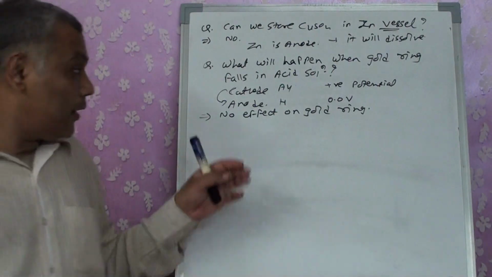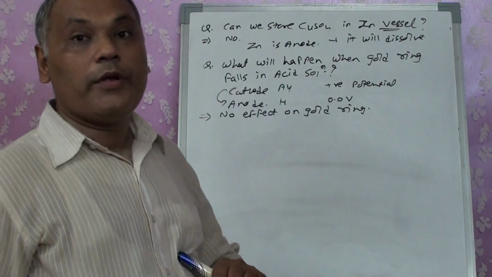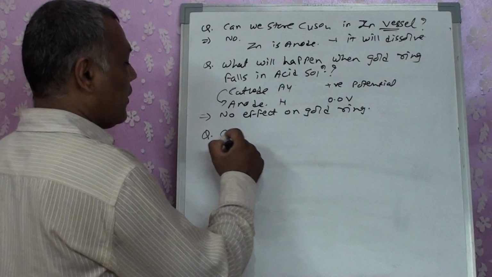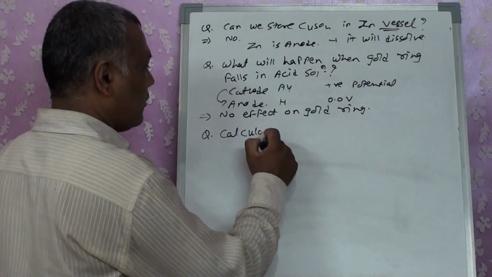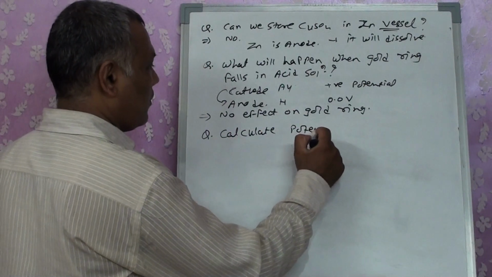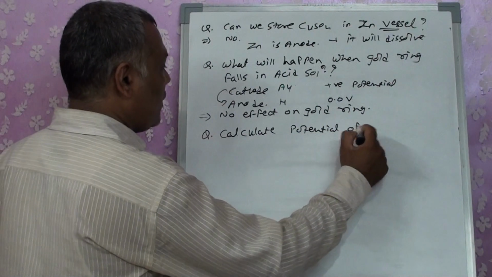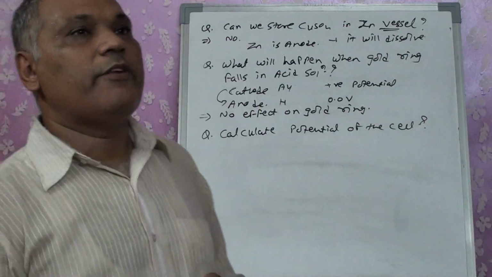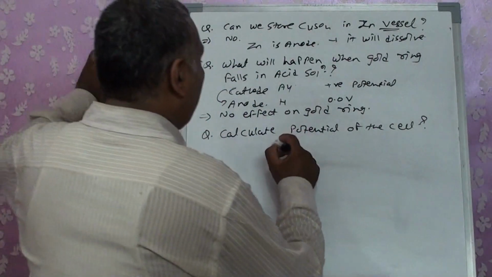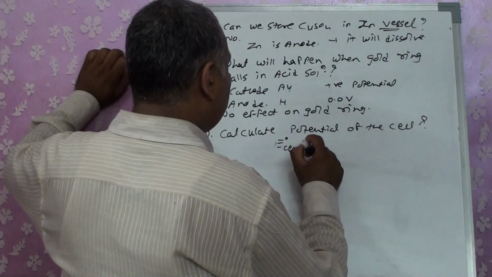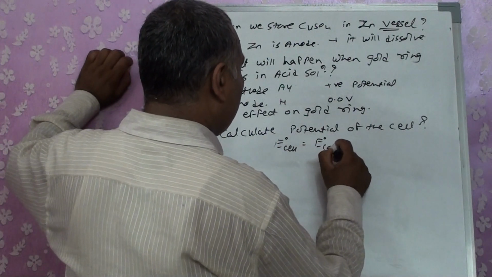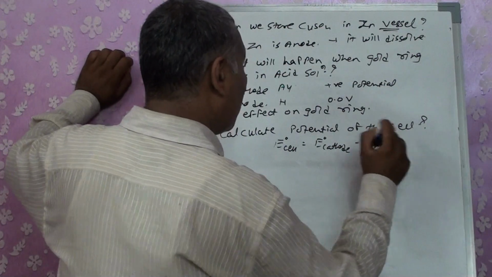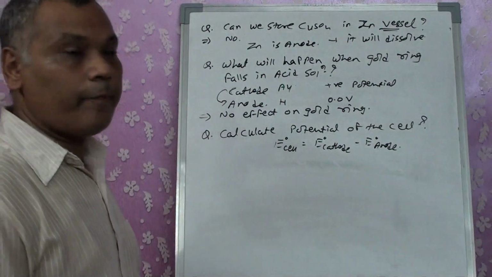So like this, there can be a number of questions which are considered as the application of the EMF series. And the second application, already I told you, is that we can calculate the potential of the cell. But till now what we studied were standard potentials. We got E naught of cell in standard condition as cathode minus anode. These were under standard conditions, right?